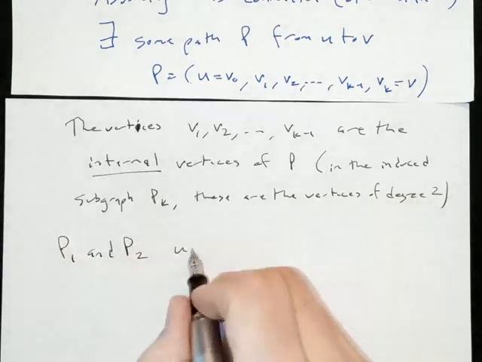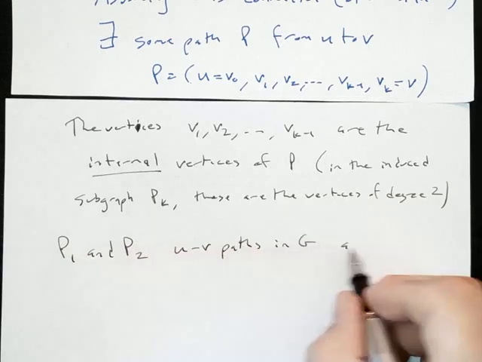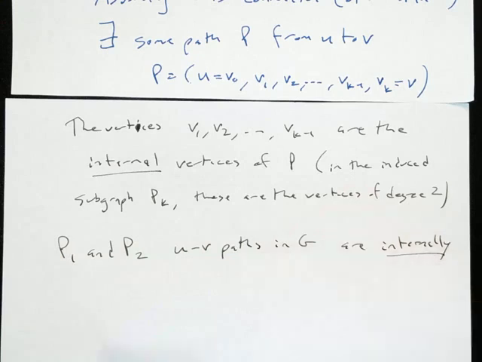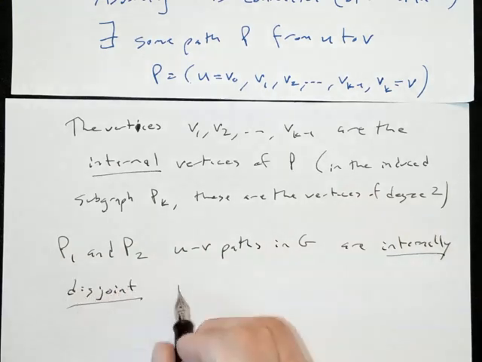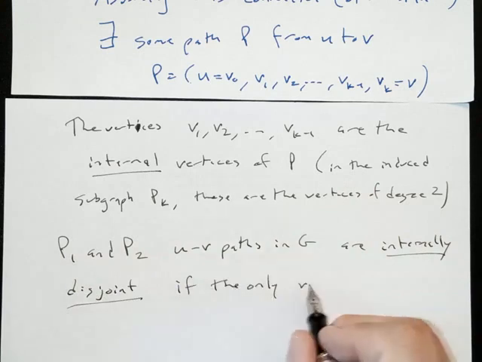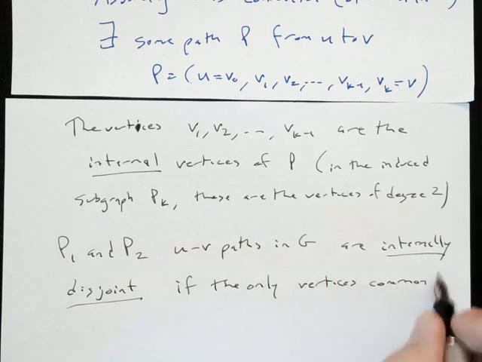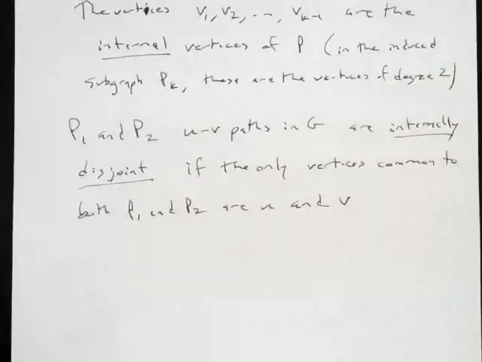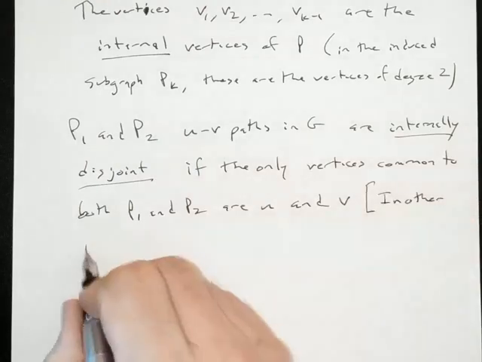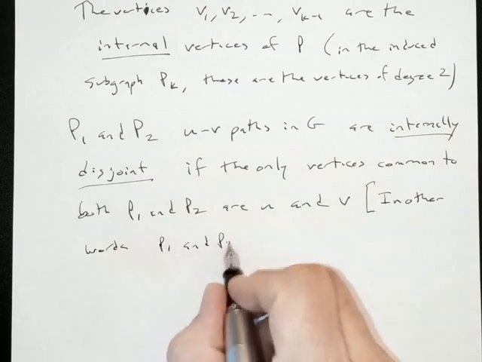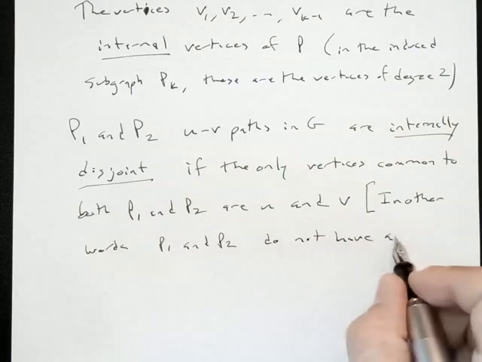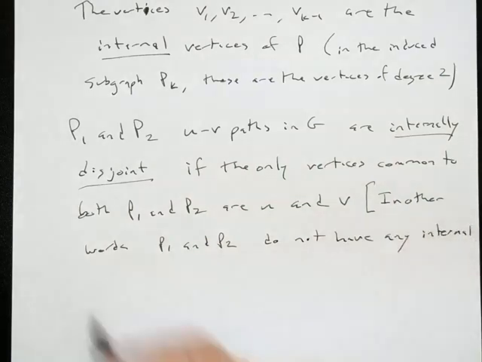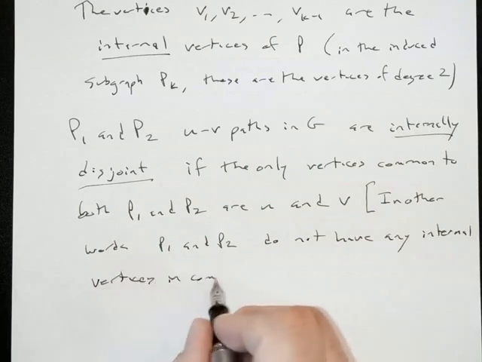P1 and P2, UV paths in G, are internally disjoint if the only vertices common to both P1 and P2 are U and V. In other words, P1 and P2 do not have any internal vertices in common.